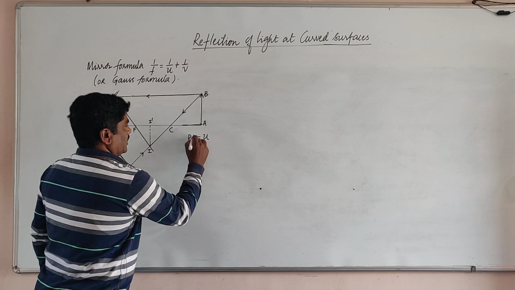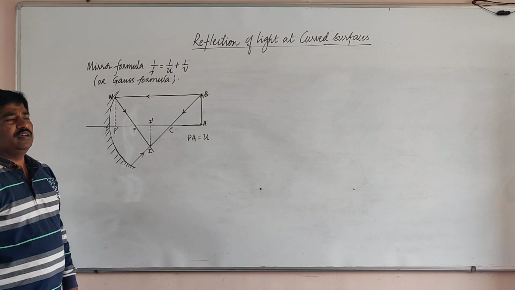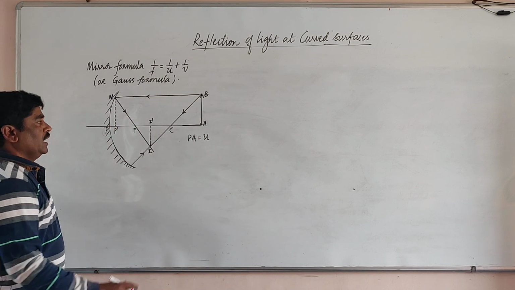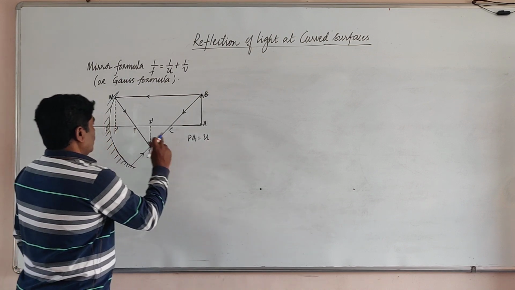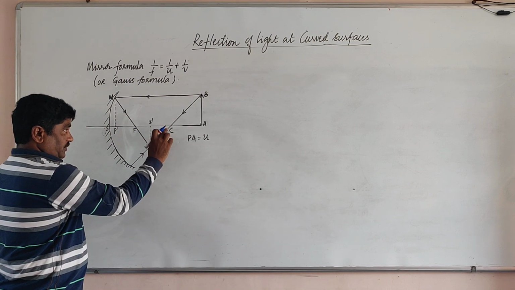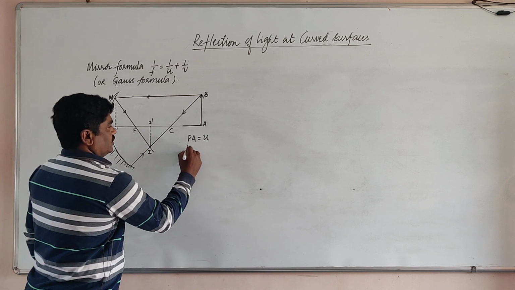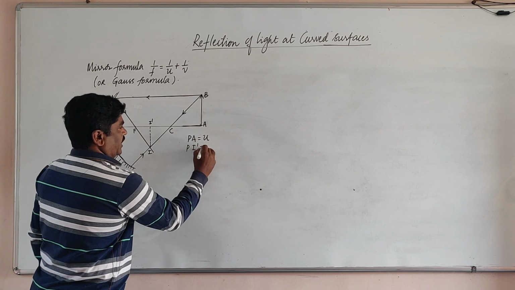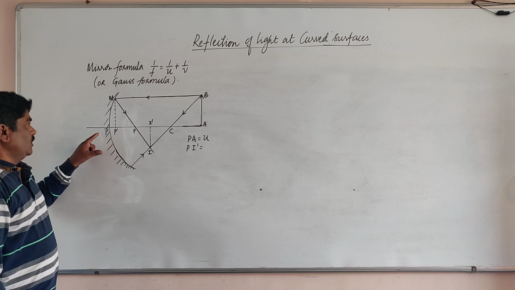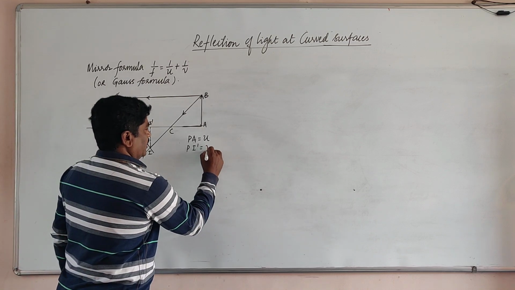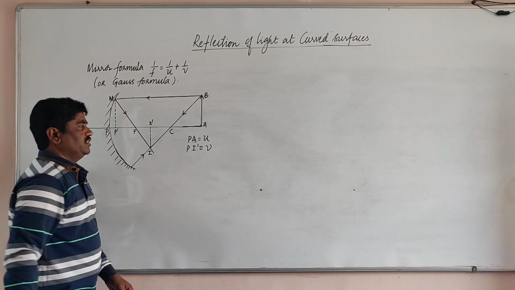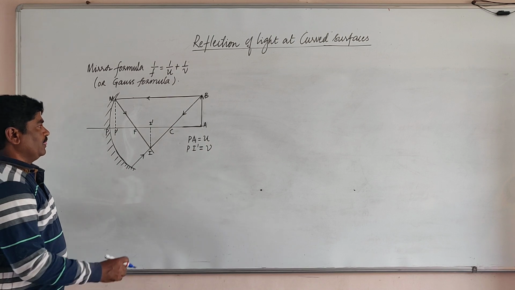So P to A is nothing but the object distance. Now P to I dash, where the image is forming, is nothing but the image distance, represented with v.